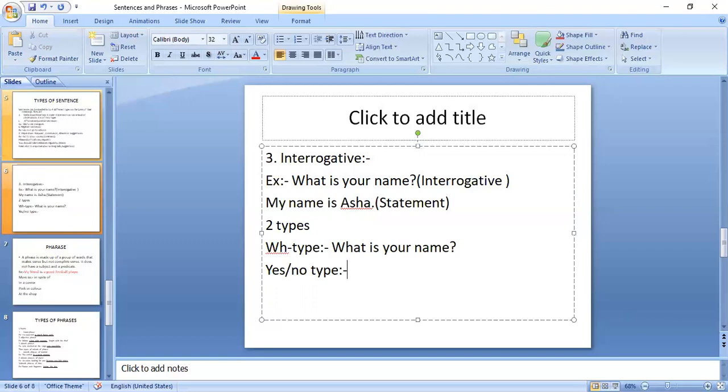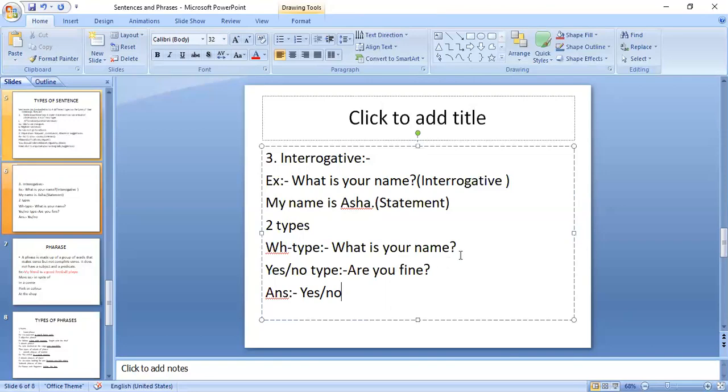Next, for a yes or no type question, if I ask, are you fine? This is also an interrogative sentence. Your answer will be either yes or no. So these are the two types of interrogative sentences.